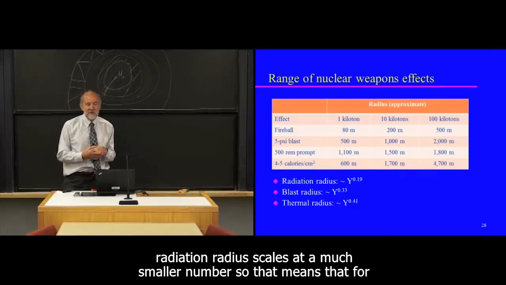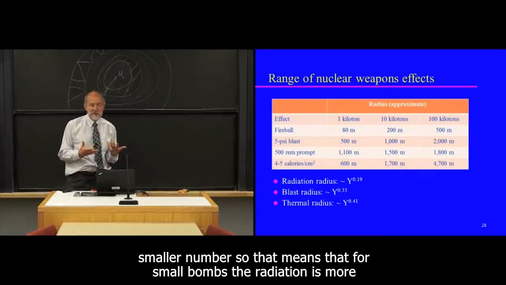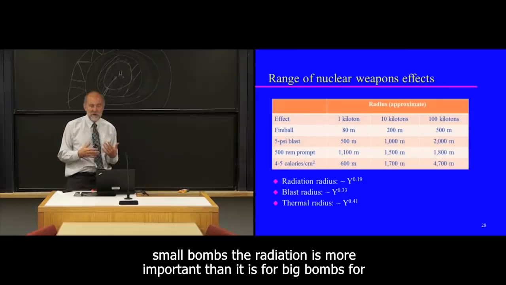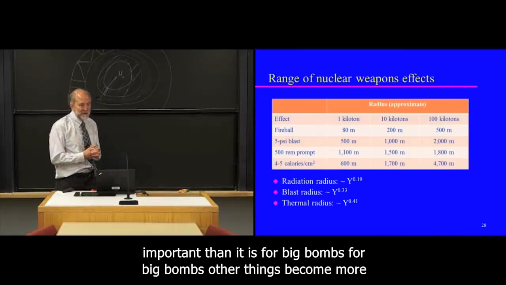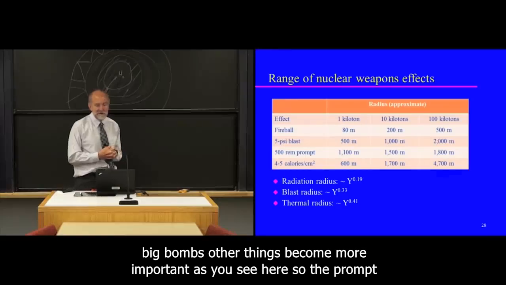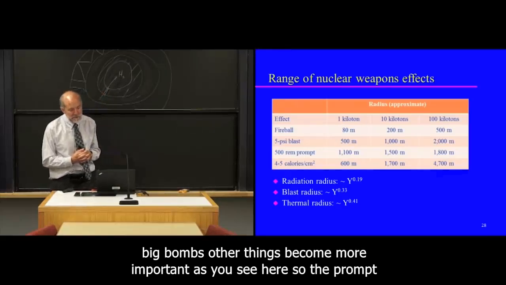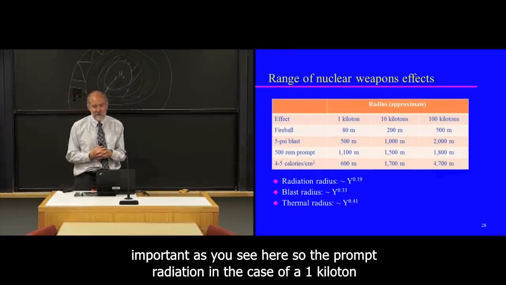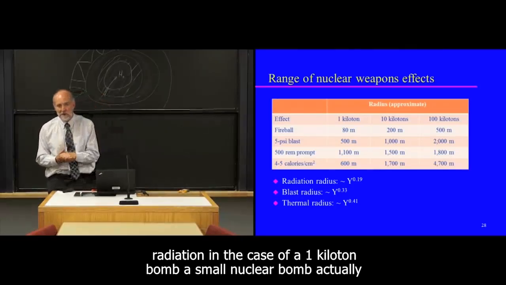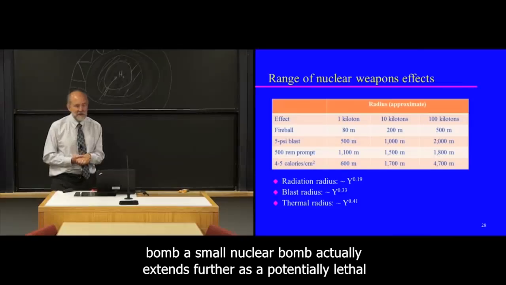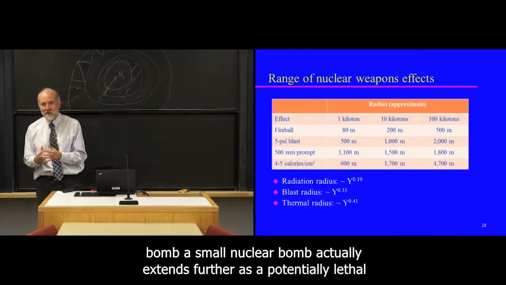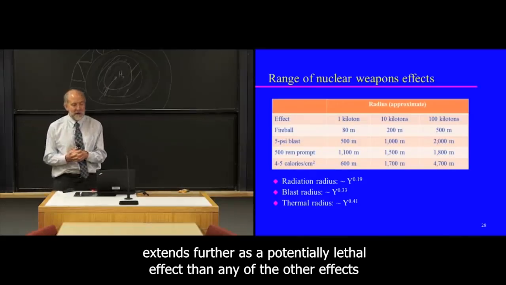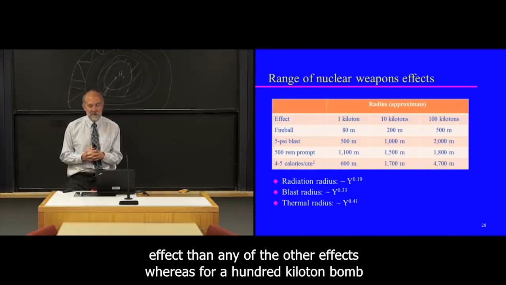So that means that for small bombs, the radiation is more important than it is for big bombs. For big bombs, other things become more important, as you see here. So the prompt radiation in the case of a 1 kiloton bomb, a small nuclear bomb, actually extends further as a potentially lethal effect than any of the other effects.